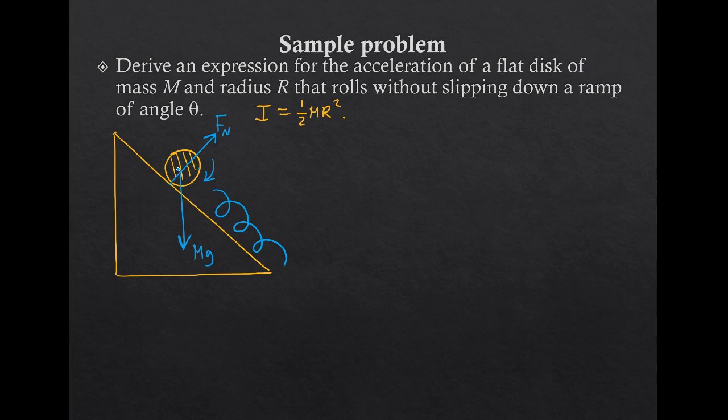Well, it can't be gravity. So the torque from gravity is equal to 0 because look at where gravity acts. It acts at the center of mass of the object, so R is equal to 0. Okay? Well, what about the normal force? Well, torque from the normal force is also 0 because think about the angle. R is going this way, but F is going this way.